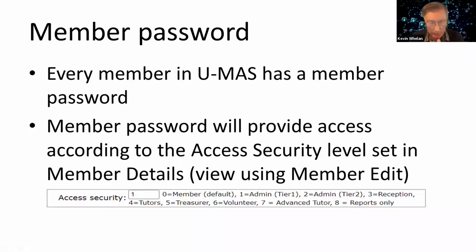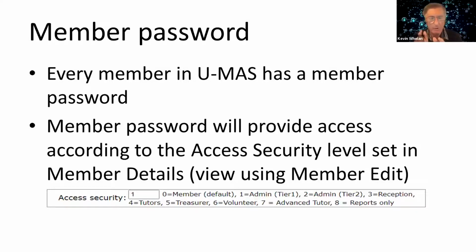Okay, so let's do just a little bit of a reminder. Every member in the system has a member password. It doesn't matter whether you are an admin person, a level 1, a level 2, a level 3, or a level 0, you have a member password.